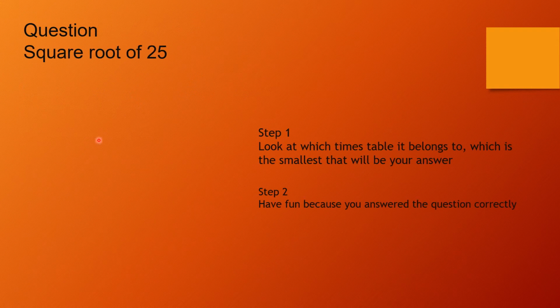Okay, let's move on to some questions. Square root of 25. Let's see. Look at which times table it belongs to. Which is the smallest? That will be your answer.